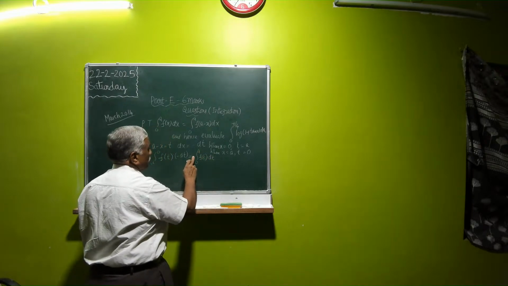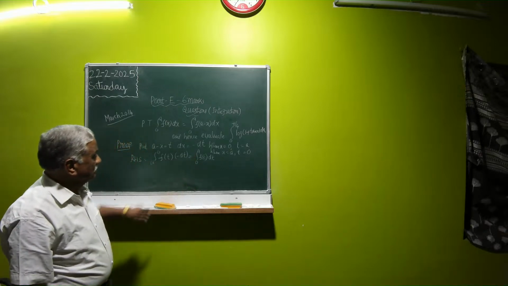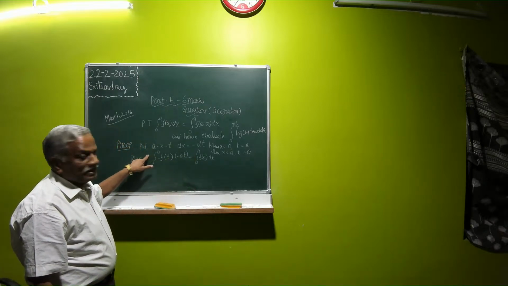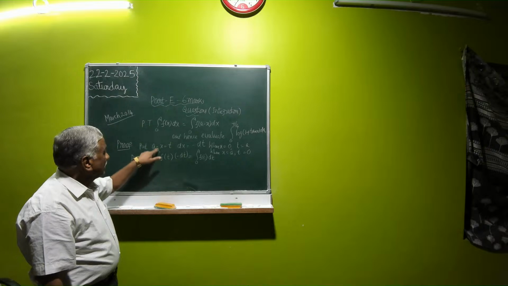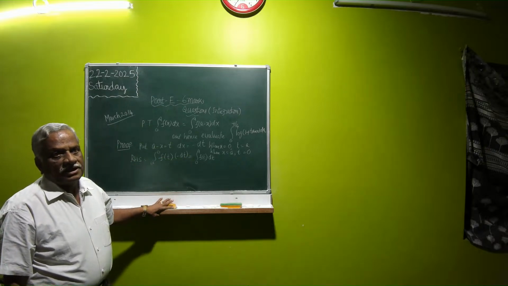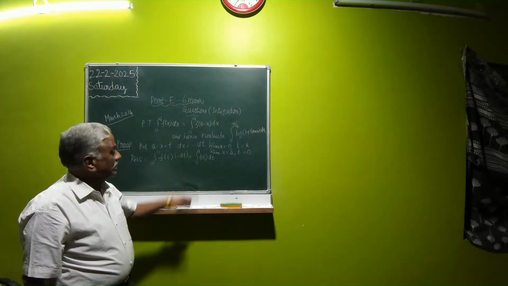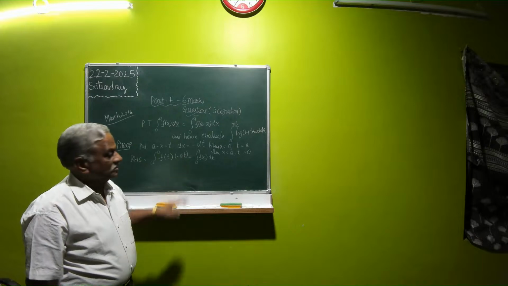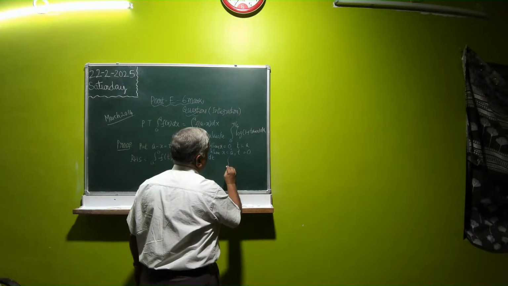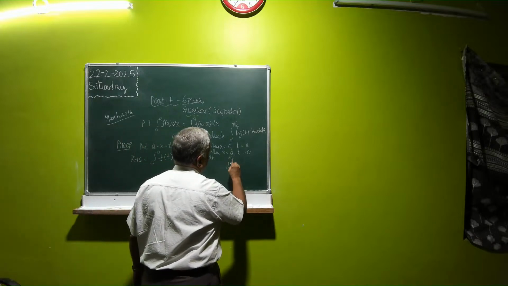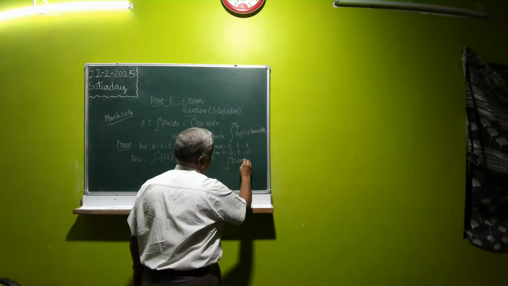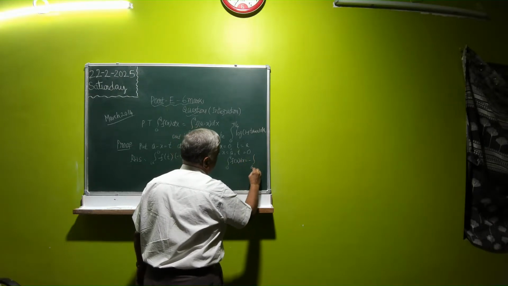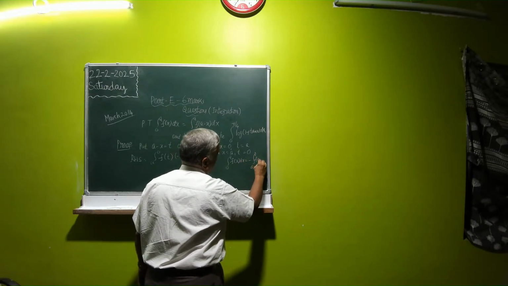This becomes plus only. Why plus? Because I will take out the minus sign, and when I interchange the limits a to 0, you get a negative sign, therefore it becomes positive. So this formula you need to remember: integral 0 to a f of x dx is equal to minus integral a to 0 f of x dx.